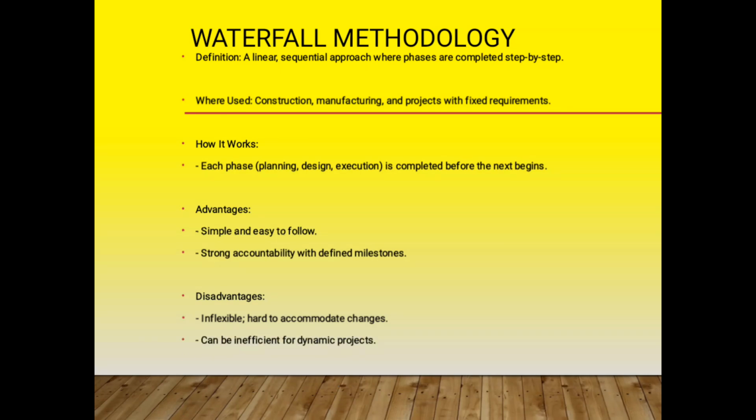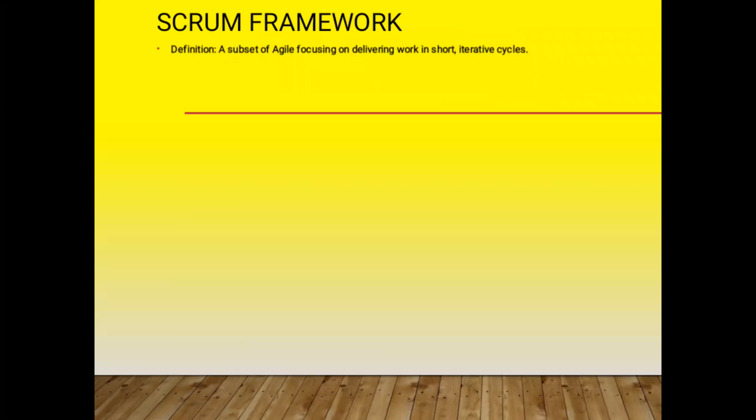It can be inefficient for dynamic projects, so it is not very good for projects which change as the project is moving along. Another one is the Scrum framework. This is a subset of Agile, and it also focuses on delivering work in short cycles.